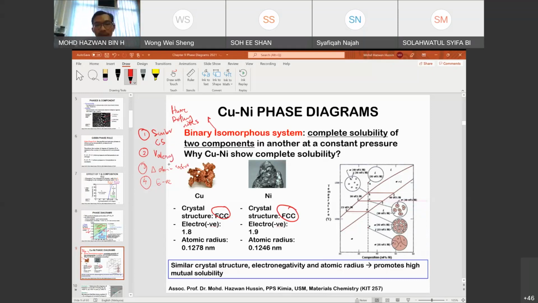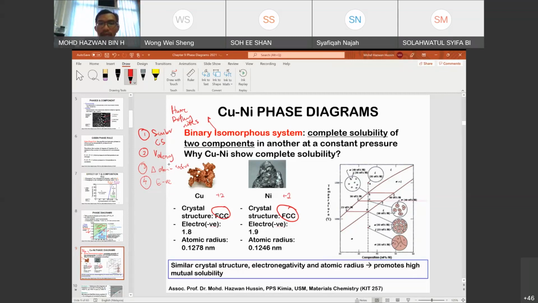Okay. What will be the valency of copper? Anyone knows? Copper, 2 plus. Nickel also 2 plus. So in order to follow Hume Rothery, normally I will set this as priority. First is to have similar crystal structure.